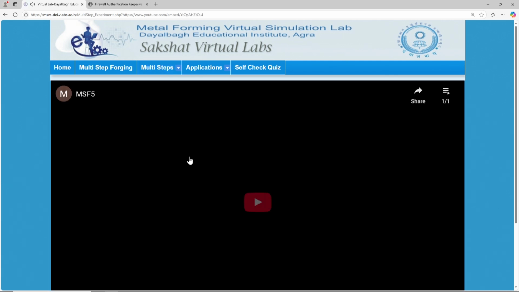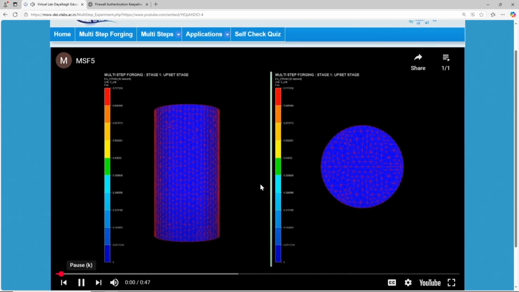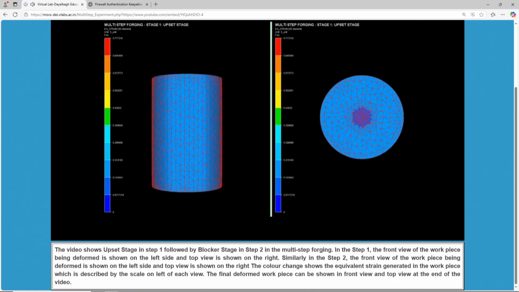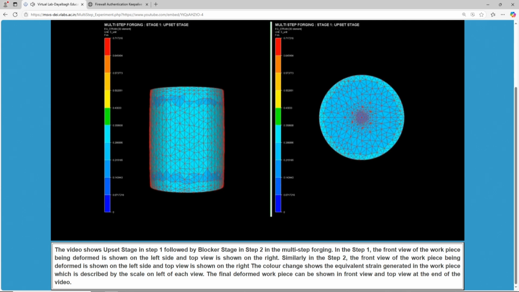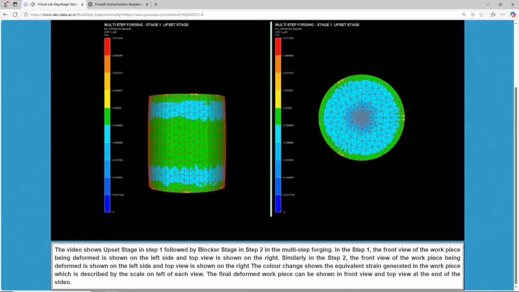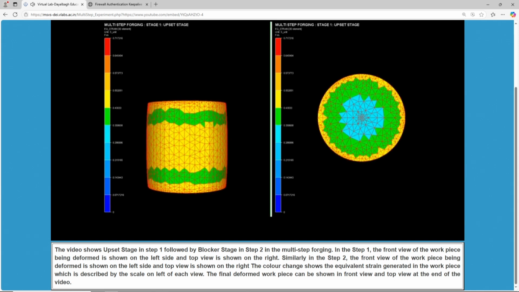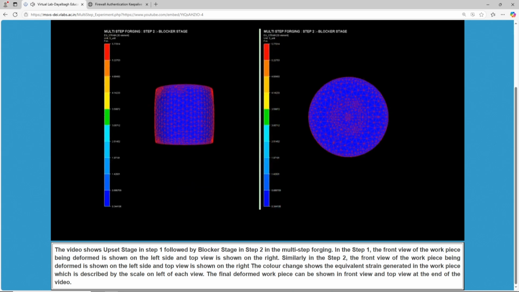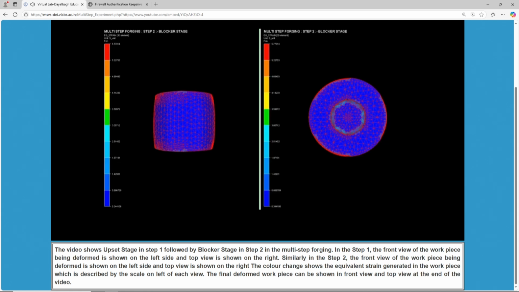Front and the top view could also be viewed, that how does it look like from the front and from the top, or how does it vary. So in step 1 you can see it is only changing the height, that is upsetting is happening, and in step 2 the front view of the workpiece is being deformed. So this is blocker stage, it is being deformed from the edges, you can see.